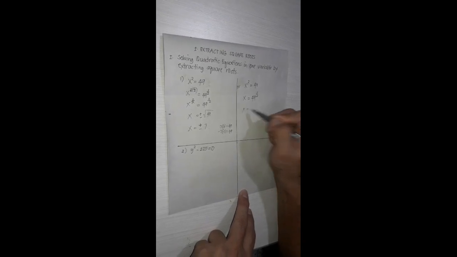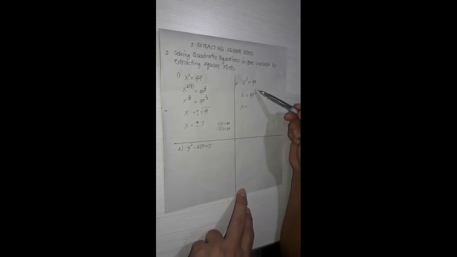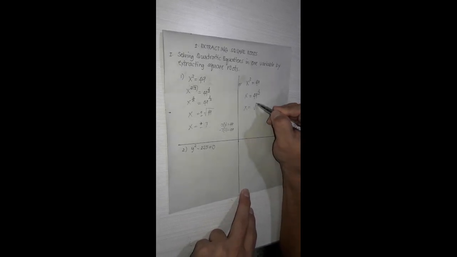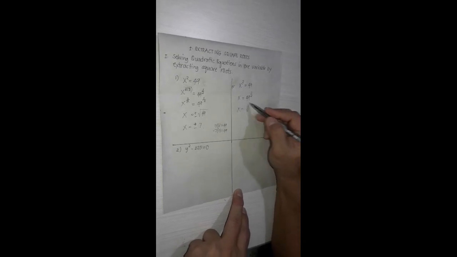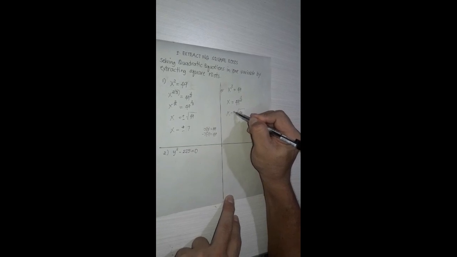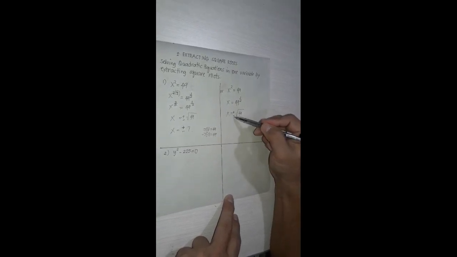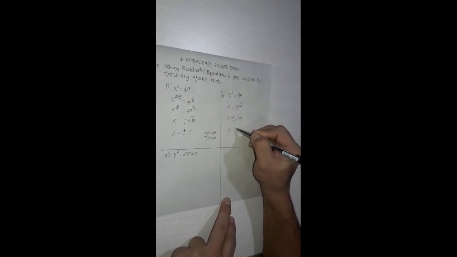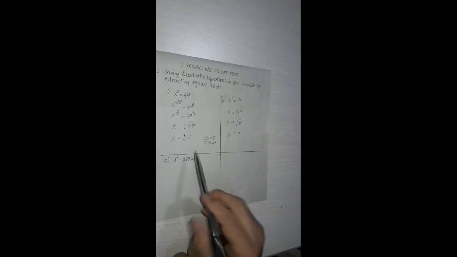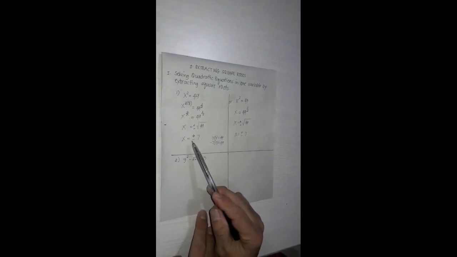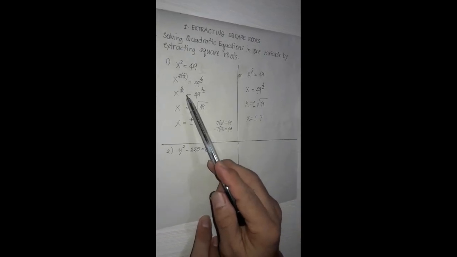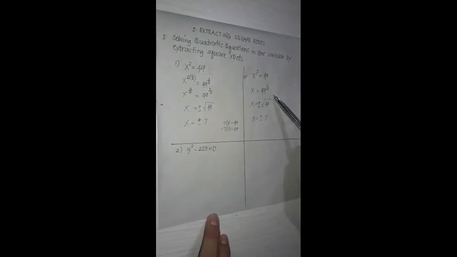So x now equals, since this is a fractional exponent, and the fractional exponent of 1/2 resembles square root, the base is 49, which is the radicand, and you have this positive and negative. So positive and negative square root of 49, x is equal to positive and negative 7. These values of x are the same as this one. This is the long method, and this is the shortcut method.